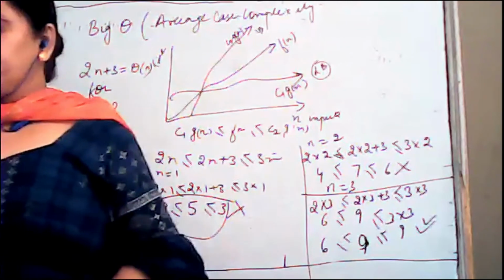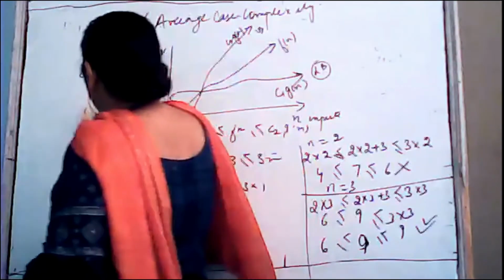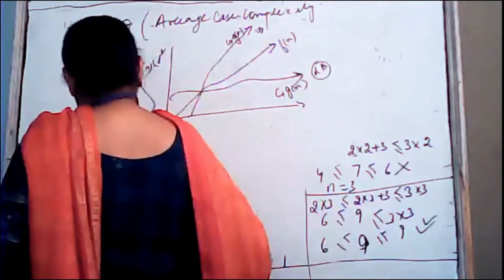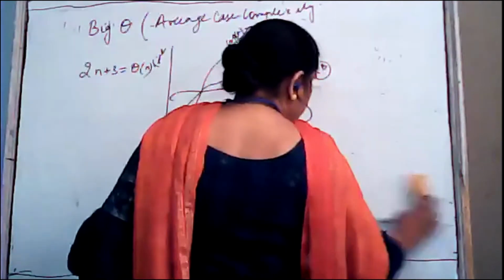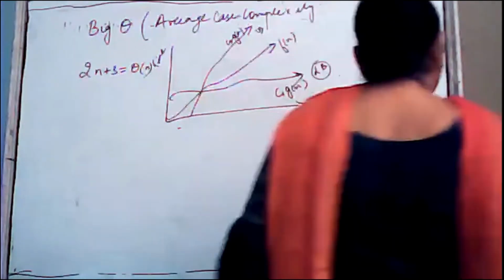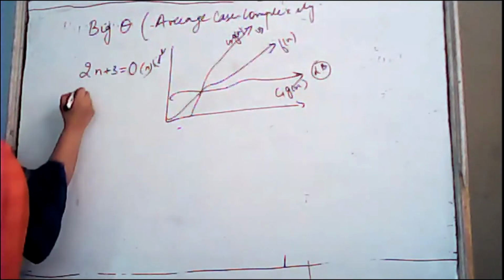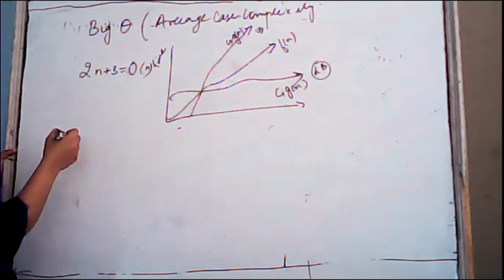Now let's find the upper bound for the same, and the lower bound for the same. The upper bound is big O of n. What does big O of n say?